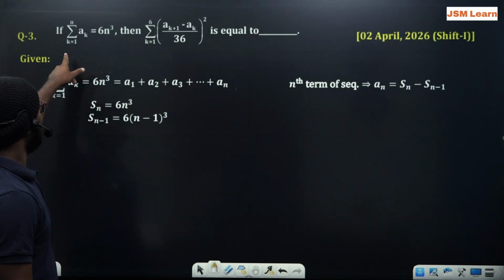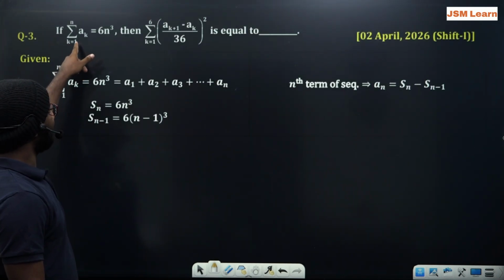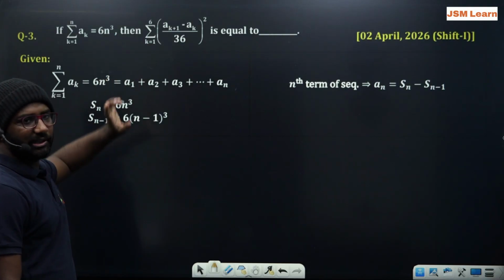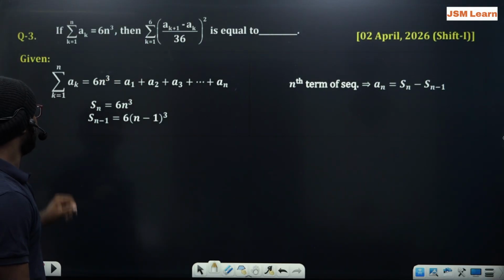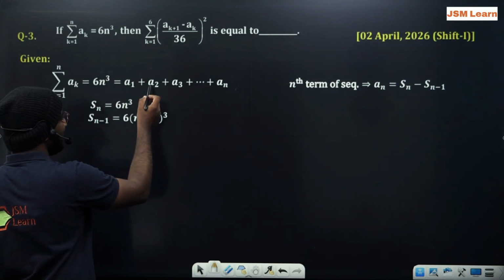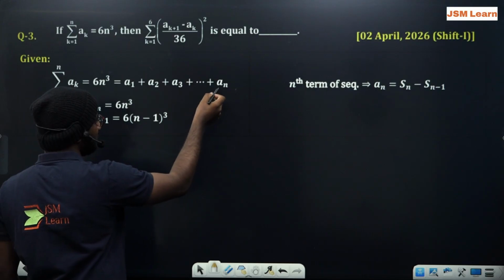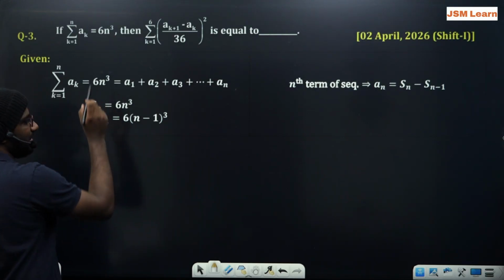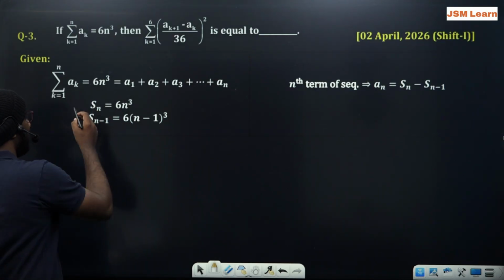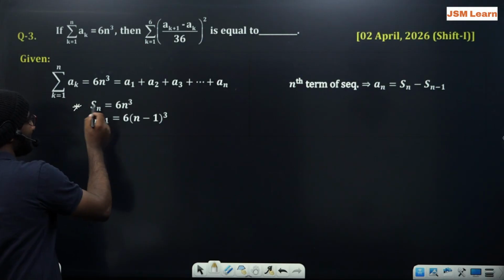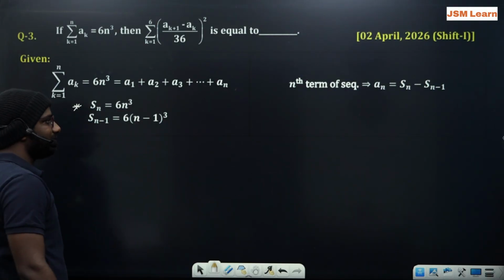In this question, it is given that sum of n terms is equals to 6n cube, which means a1 plus a2 plus a3 plus up to so on an, that is equals to 6n cube. I am denoting it with Sn, which is equals to sum of n terms.